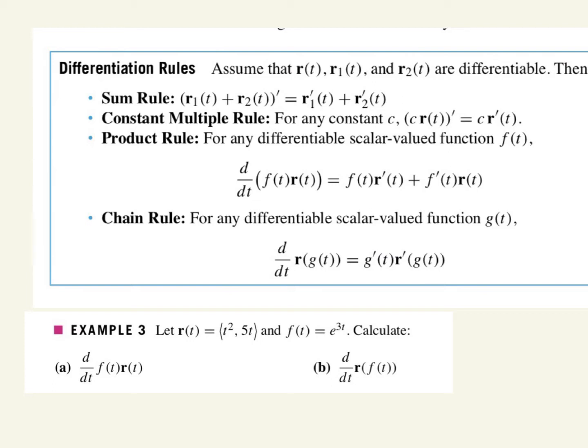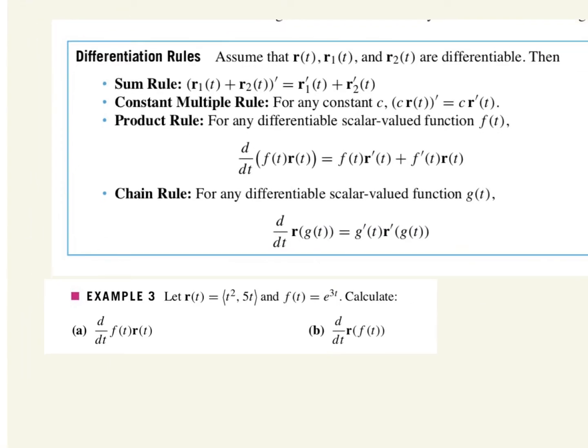All right, so in this case, if I want to derive this product rule, I always do f prime r plus f r prime. I think the book originally defined it in the opposite order. Doesn't matter, obviously, with product rule.